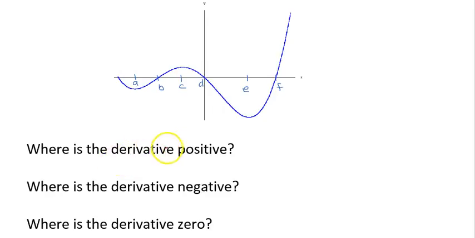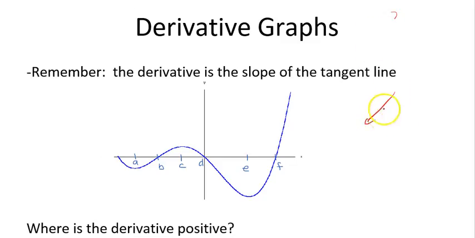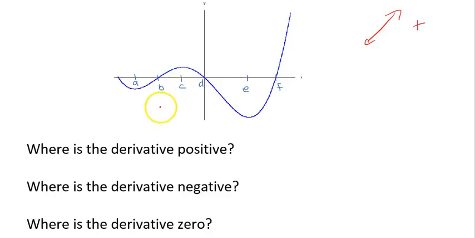Where would the derivative be positive? The derivative is going to be positive any place that that tangent line is pointing uphill, because a positive slope is an uphill slope. So any place that would have an uphill tangent line would be considered a positive derivative.